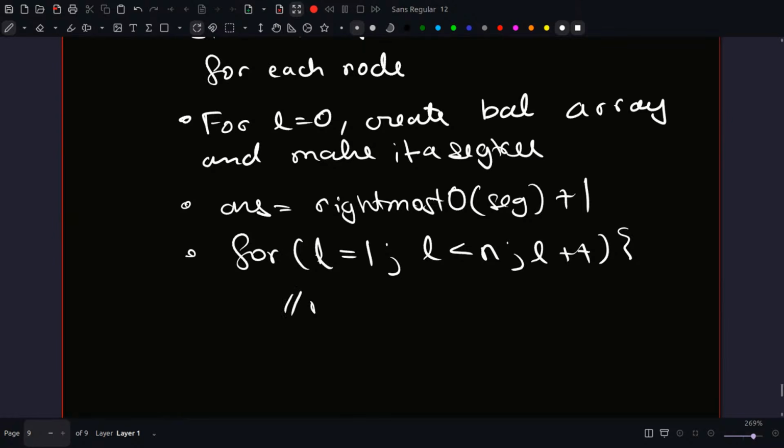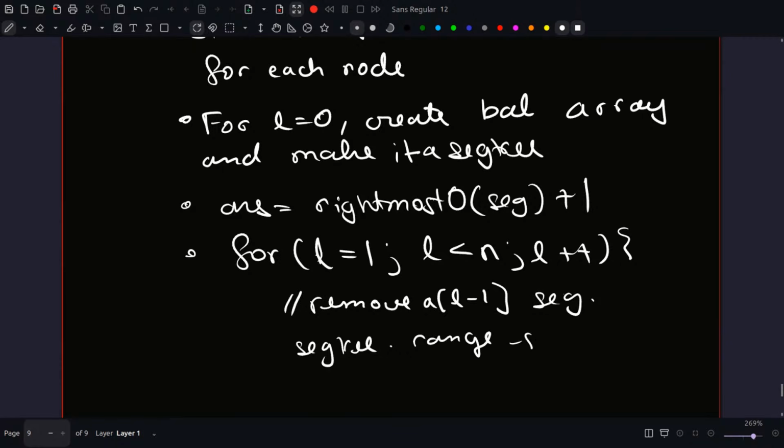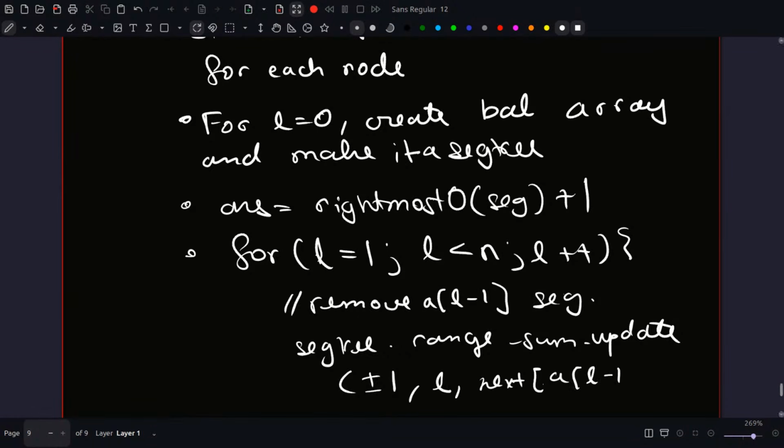We have to remove the A[L-1] element from the segment tree. So we can find the next time it occurs; we have to pre-compute a map for when each element appears next. Then we do a range sum update, adding plus or minus 1 from this left point till the right point, which is the next occurrence of A[L-1].